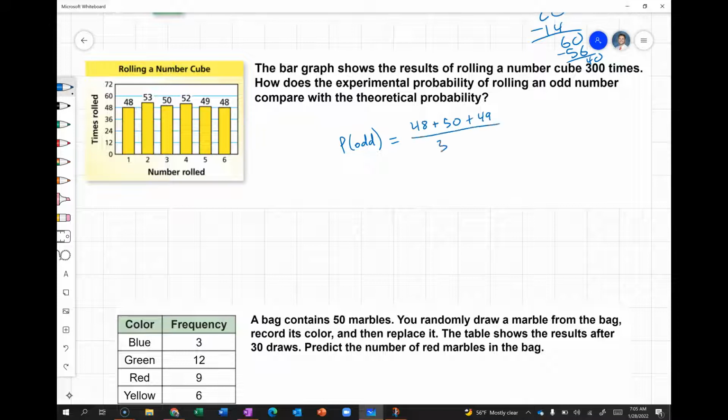And that's all out of a total of 300 rolls. Then we can add 50 plus 49 plus 48, which is going to be 147. So then 147 divided by 300 will give us our experimental probability here.